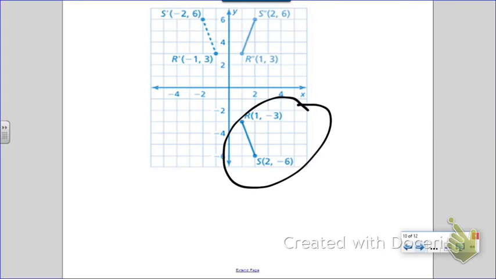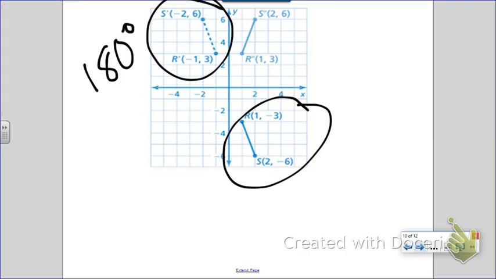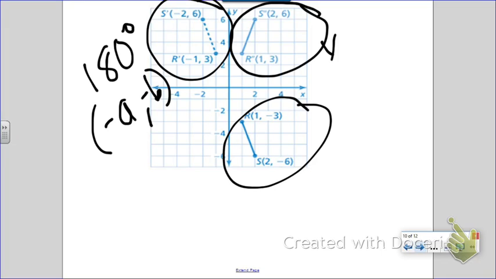So we take the opposite of the x and take the opposite of the y value. And then we're taking that and reflecting or flipping that over the y-axis.